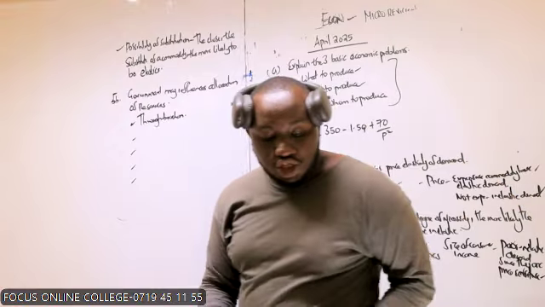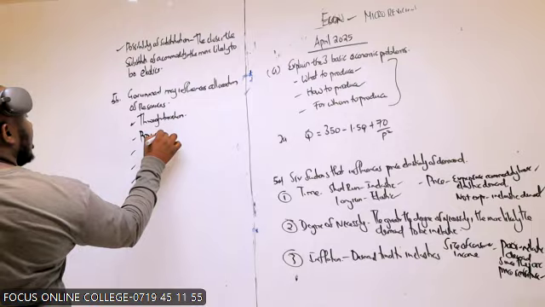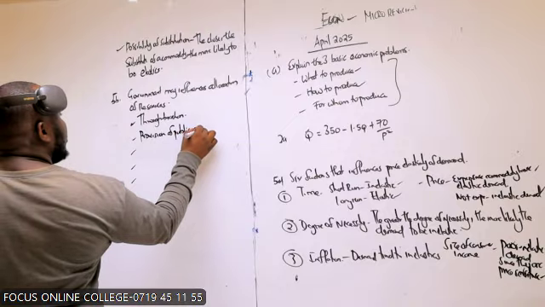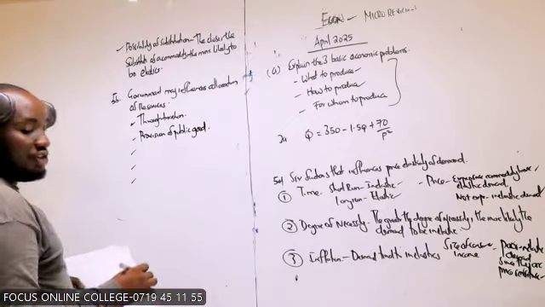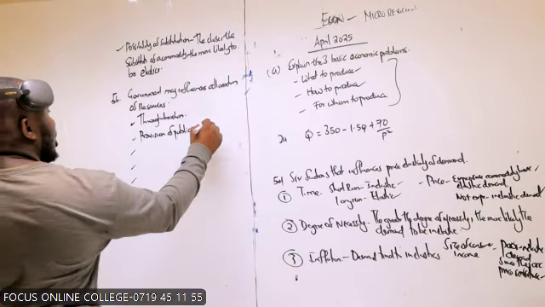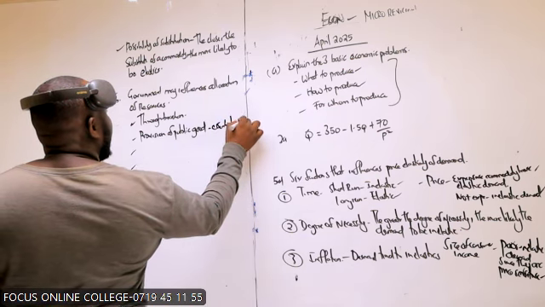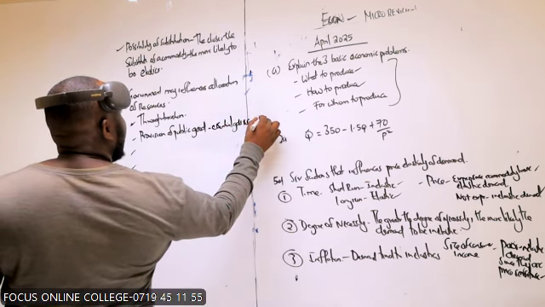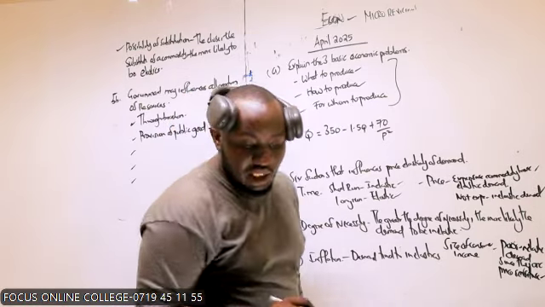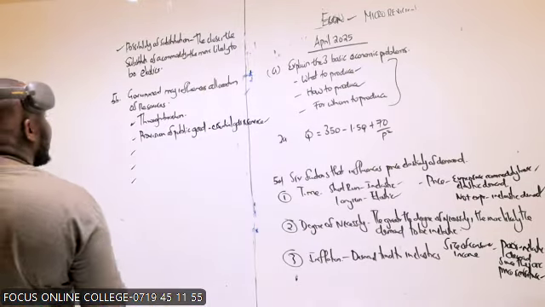Then we have provision of public goods, essential goods and services. Then we have income distribution through progressive tax.